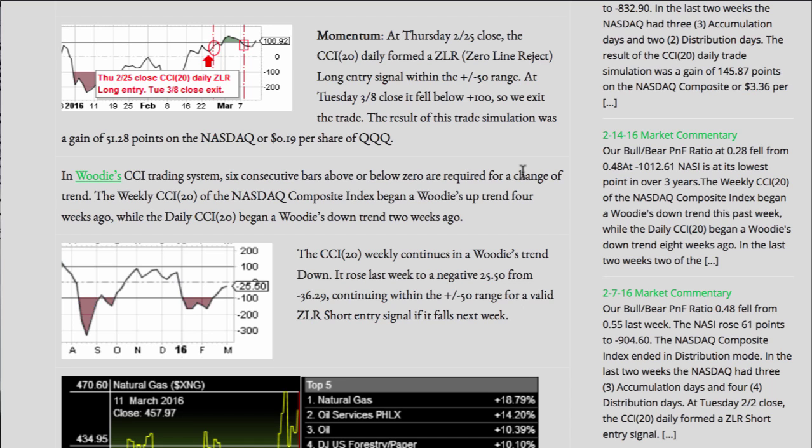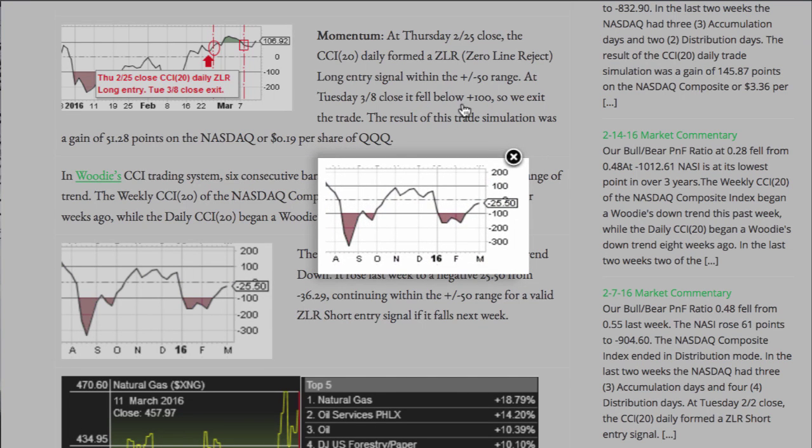In Woody's CCI trading system, 6 consecutive bars above or below zero are required for a change of trend. The weekly CCI 20 of the Nasdaq Composite Index began a Woody's uptrend 4 weeks ago, while the daily CCI 20 began a Woody's downtrend 2 weeks ago.